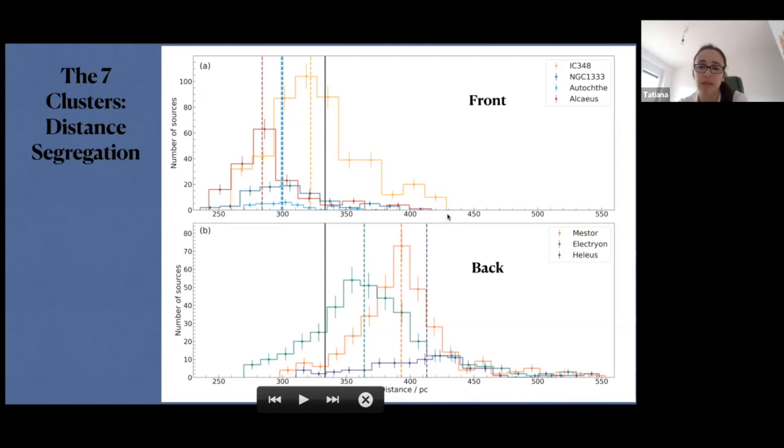So minimizing the parallax uncertainties would be good. The second thing would be radial velocities, but I'm not sure if this would become available with future releases. I think those are the two main things that would help us explore these 7 clusters more.